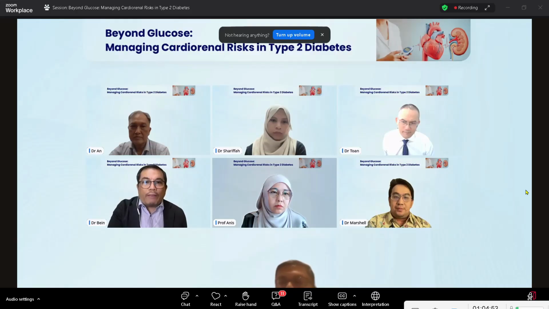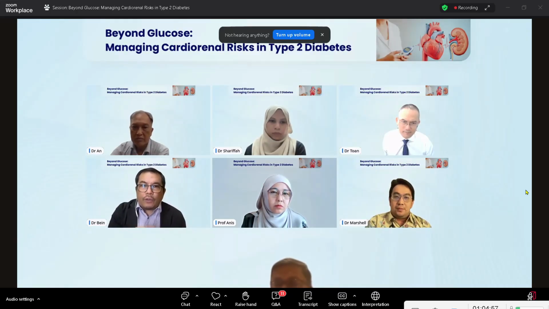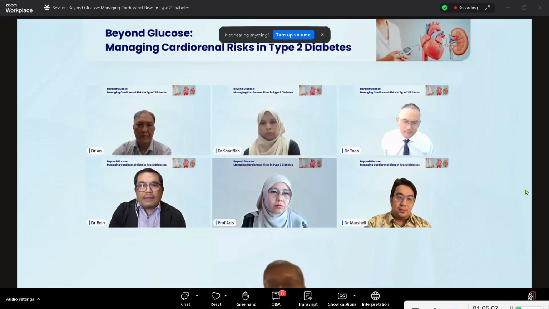Just remember that if you want to reduce the LDL cholesterol by more than 50%, you expect that 50% reduction with a high intensity statin. That means 40 to 80 milligrams of atorvastatin, or the equivalent dose of rosuvastatin, which is 20 to 40 milligrams.